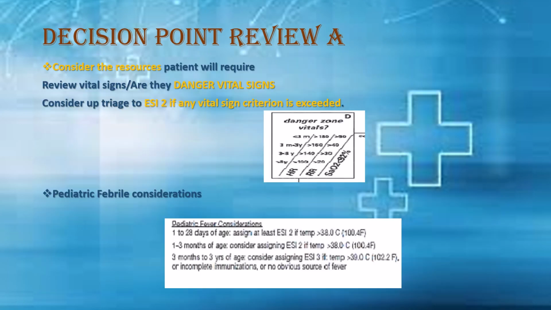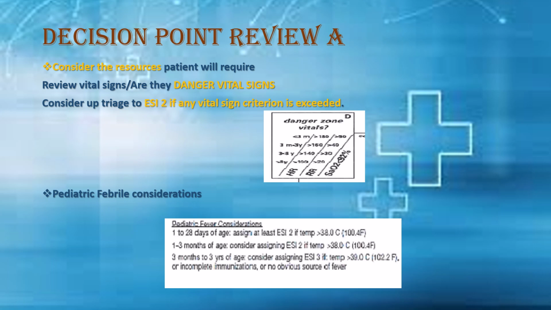When we come to the next part, that is the level 2, level 3 decision, consider the resources the patient will require. Review the vital signs. I already discussed the dangerous vital signs. So if it is more than 8, like as we discussed, in adults, if the heart rate is more than 100, RR is more than 20, and SpO2 is less than 92 on room air, they go under level 3.